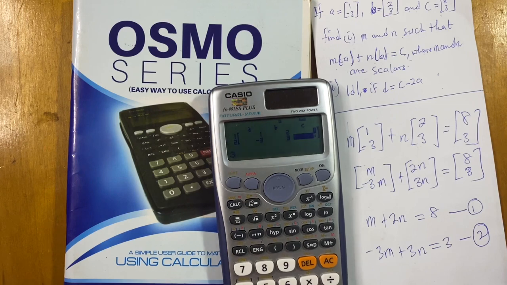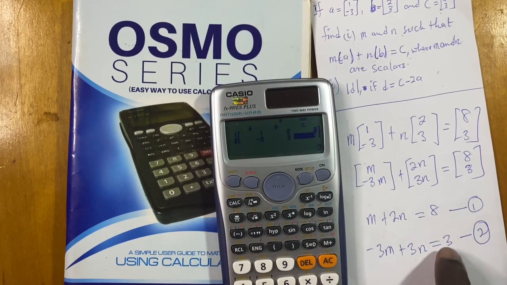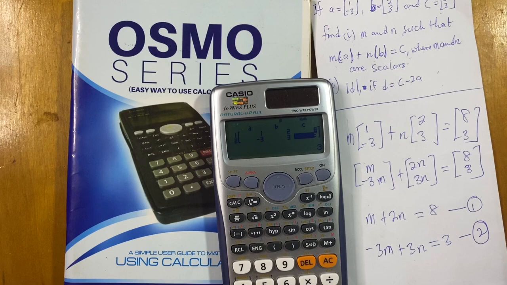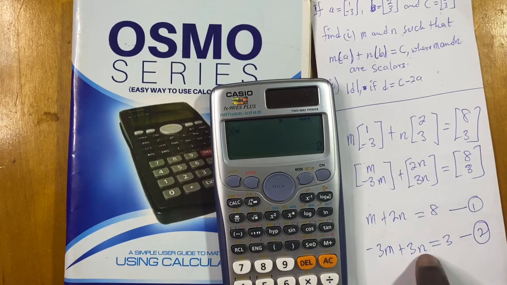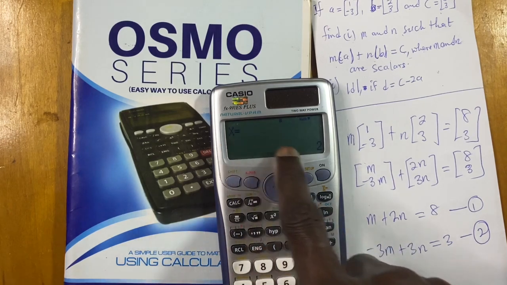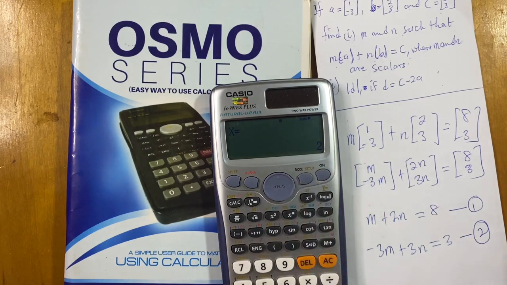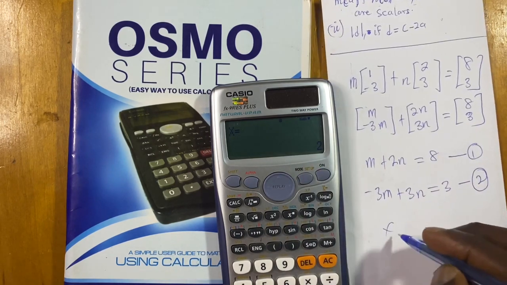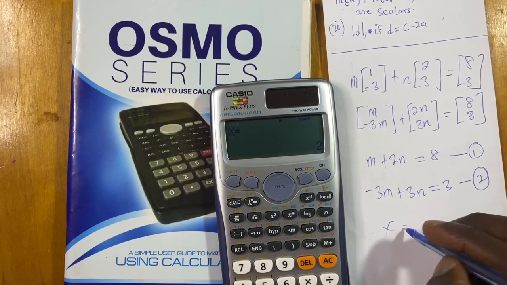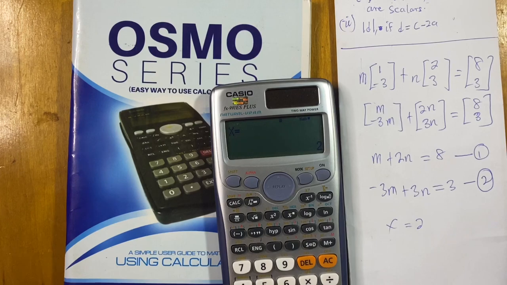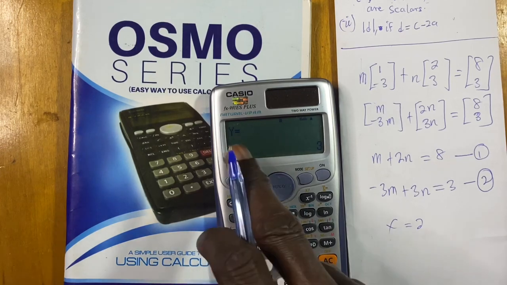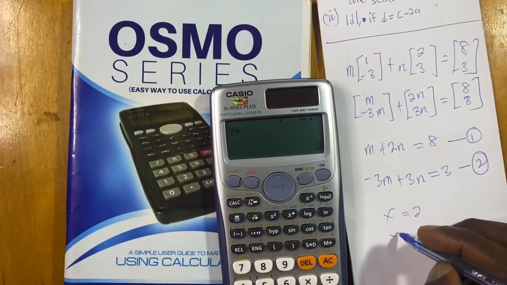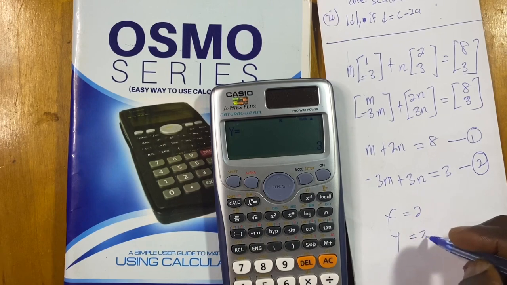So 3 equals 9. When we are done, we go to equal sign again. Now x gives us 2. We go to equal sign again, and y gives us 3.